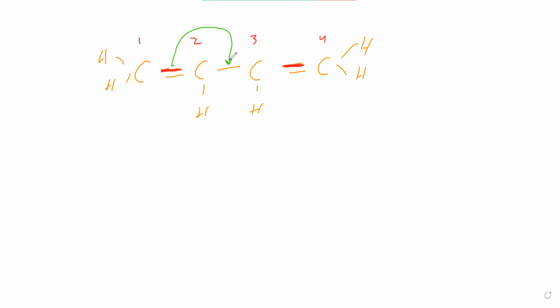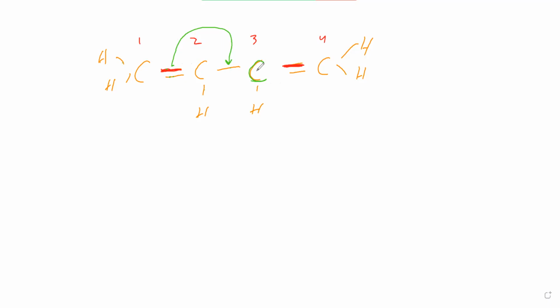Focus here now. This carbon has 4 bonds, 1, 2, 3, 4, happy. Each carbon has 4 bonds, but because of migration, what will happen? This carbon is going to suffer. Why? Because it already has 4 bonds. Now another pi electron is coming here, wanting to form a bond here.